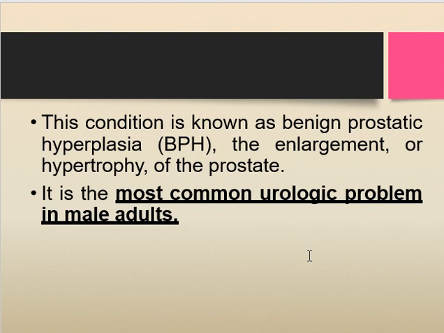And this is the most common urological problem in male adults. If you go to the renal OPD, you can see many elderly men, above their 50s, coming with difficulty in micturition and urinary symptoms that may be suggestive of benign prostatic hyperplasia.